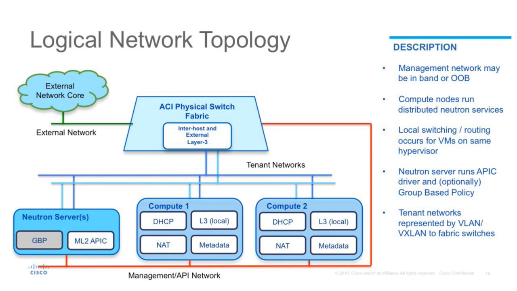It's actually very easy to configure those compute nodes, because they really only talk to the ACI, and then there's a process that talks to Neutron that I will get into in a second. The VM traffic between the compute node and the top of the rack switch, that is the ACI, can be VXLAN or VLAN.